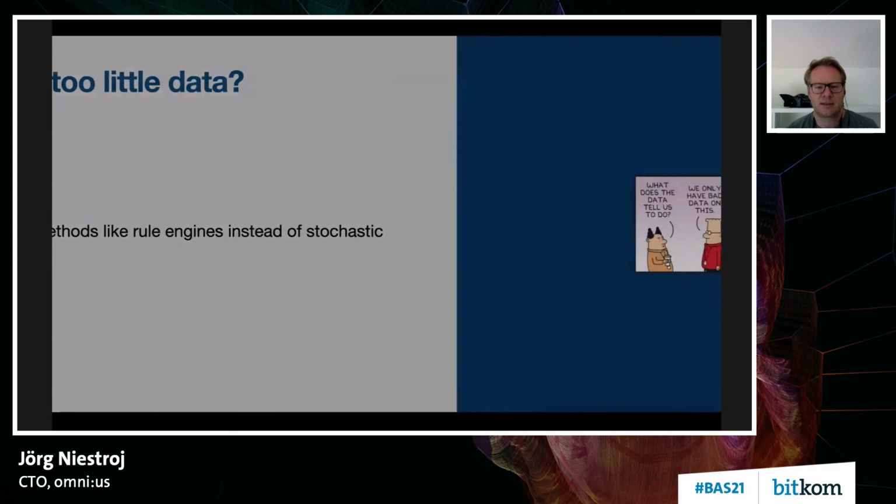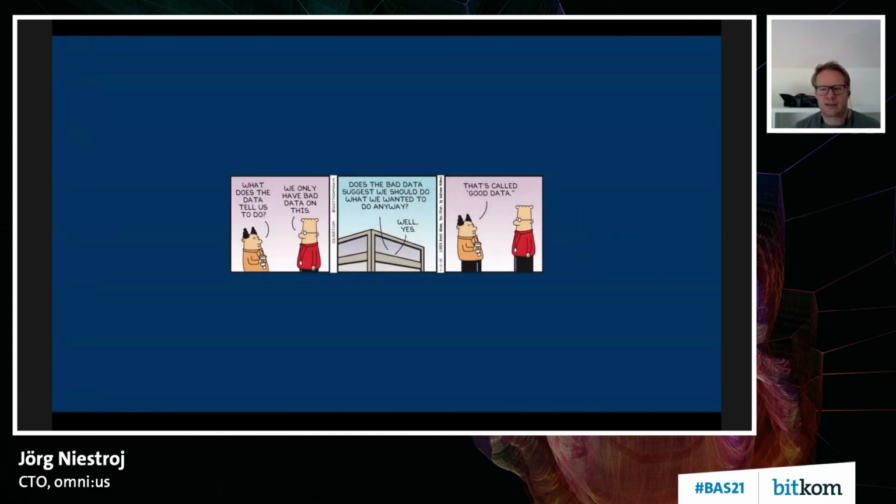And at the end, there is no bad data. It's always about bad use cases or bad methods that you have to figure out, because maybe the data just doesn't fit your use case, and then you have to provide other data.